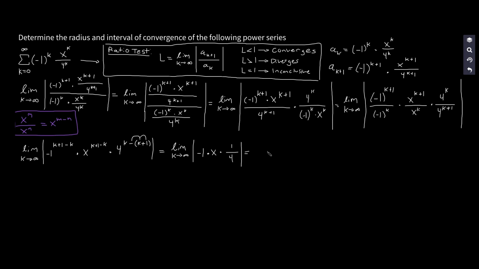We could simplify this further. The limit as k approaches infinity of the absolute value of negative x over 4. But it's an absolute value, so we're only interested in the distance from 0. So it's going to be the limit as k approaches infinity of x over 4, right?